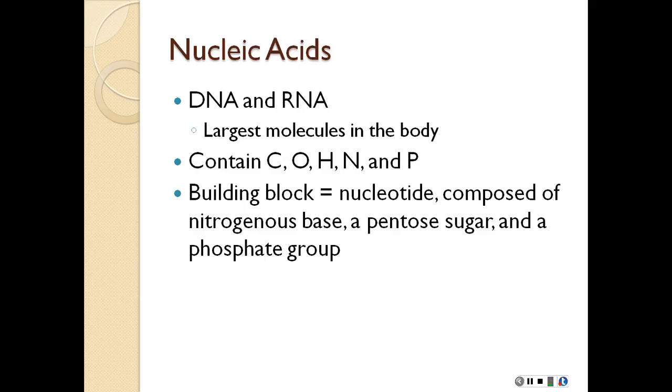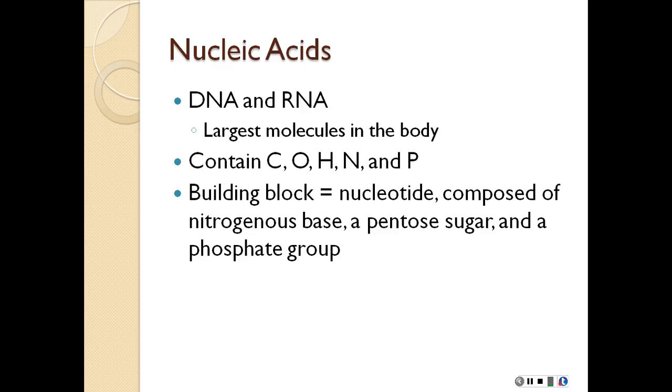Ribose or the other one? What does the D in DNA stand for? Deoxyribonucleic acid, right? You all should know what DNA stands for. Deoxyribonucleic acid, and RNA stands for ribonucleic acid. So the ribo is for ribose sugar. The deoxyribose is for the pentose sugar in deoxyribonucleic acid.